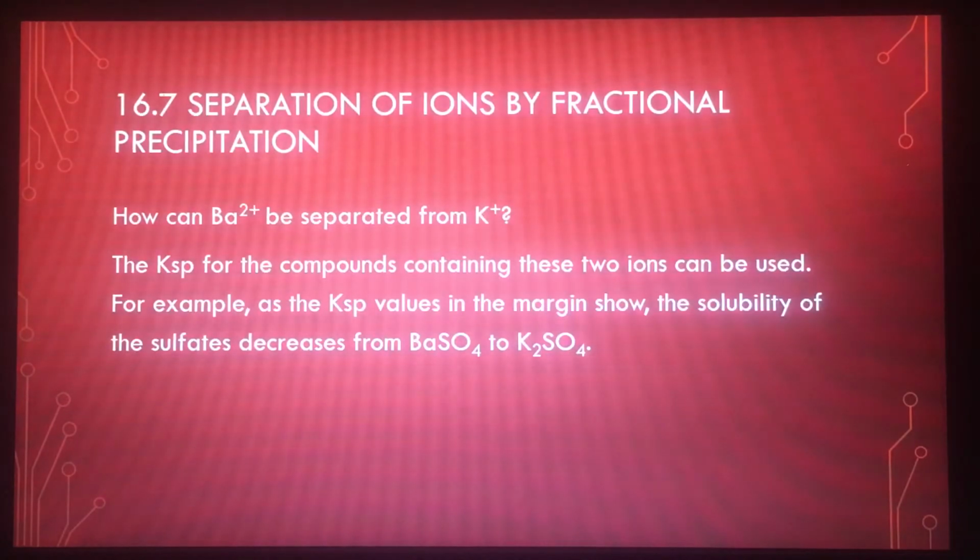Since their solubilities in water are very wide apart, we can utilize these Ksp values to predict and to determine how much of an added ion is needed to precipitate out one of the barium or potassium ions first.